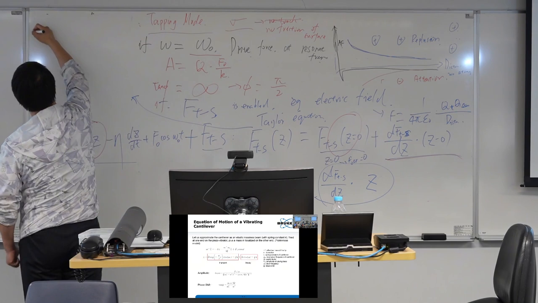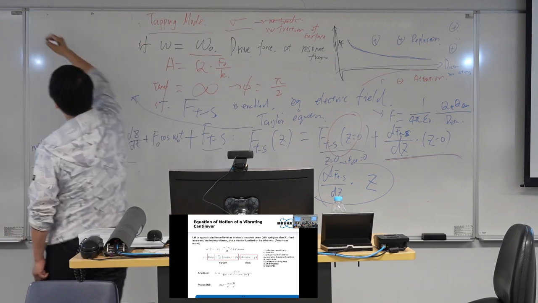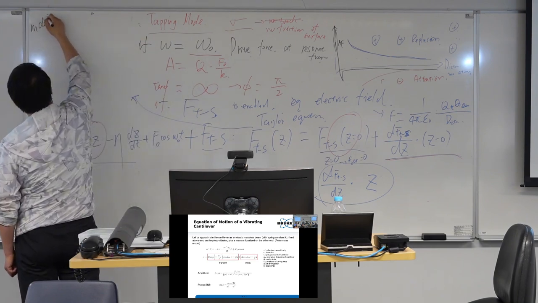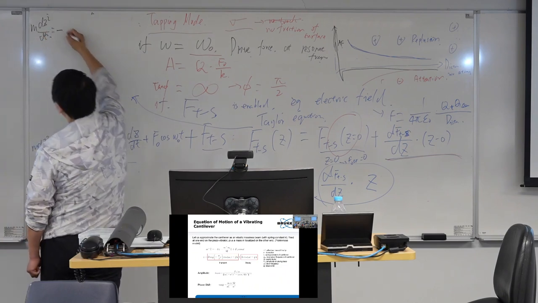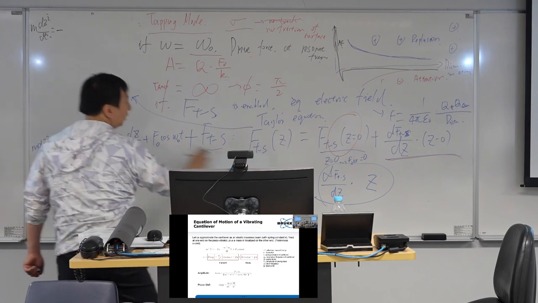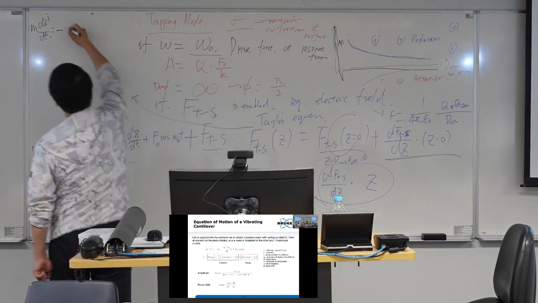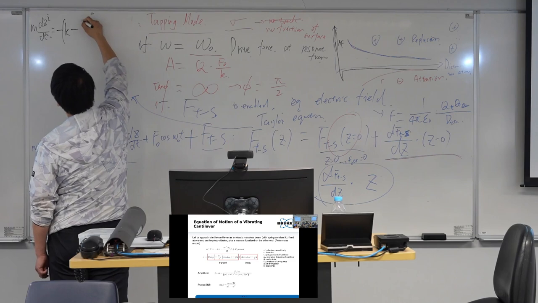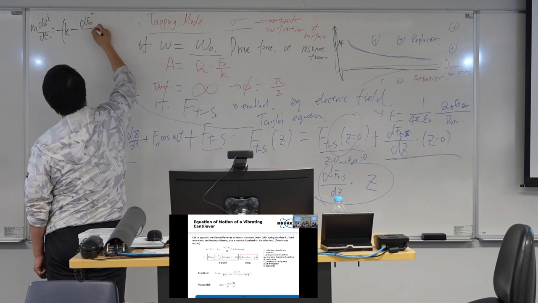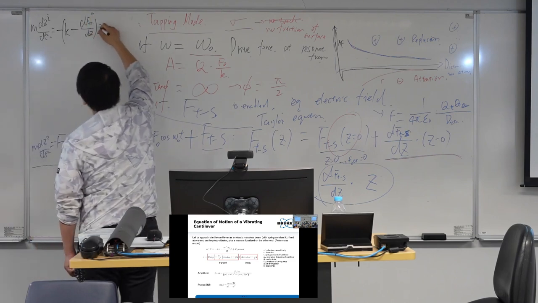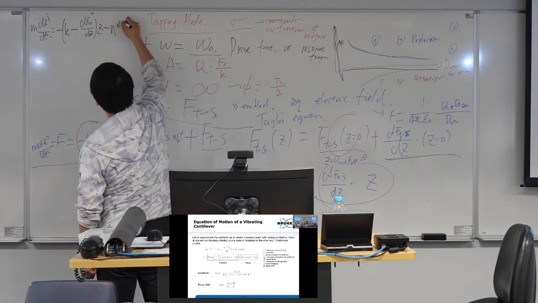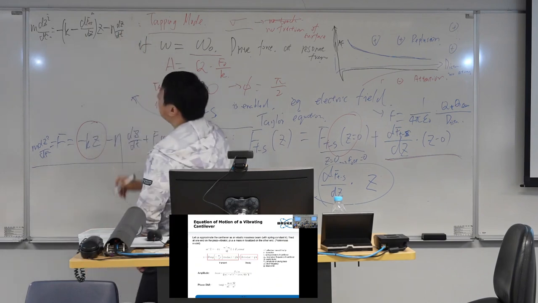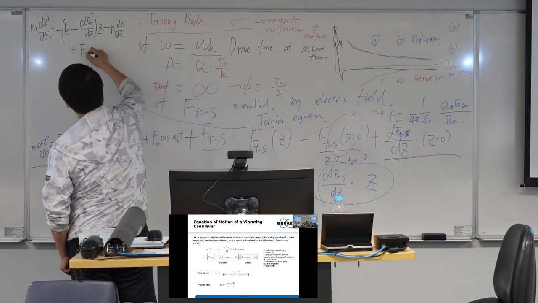So finally, the equation will be m d2z over dt2 equals negative k minus dFts over dz times z, plus the hydrodynamic force and the driving force.